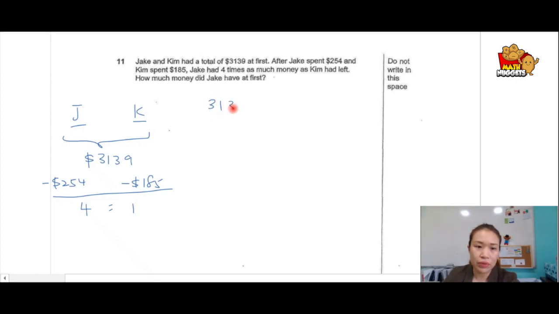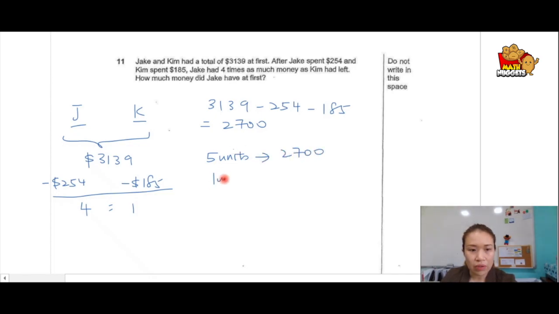So if at first they have 3,139, Jake spent 254, Kim spent, sorry, 185, not 158. They have $2,700 in the end, and that is represented by 5 units. So we can find out what 1 unit is, which is 2,700 divided by 5. It's 540.